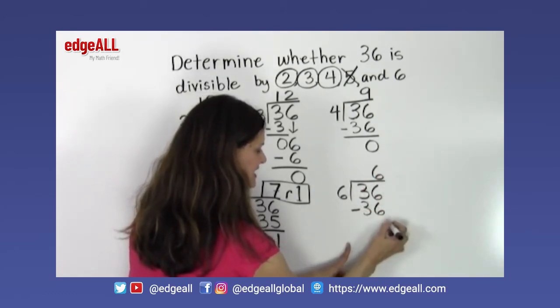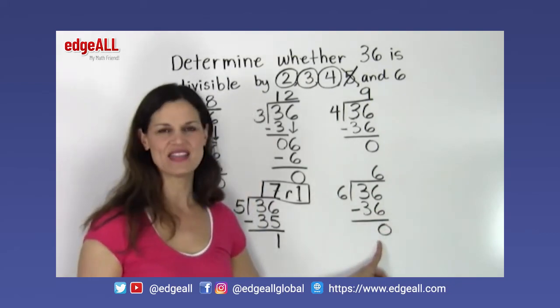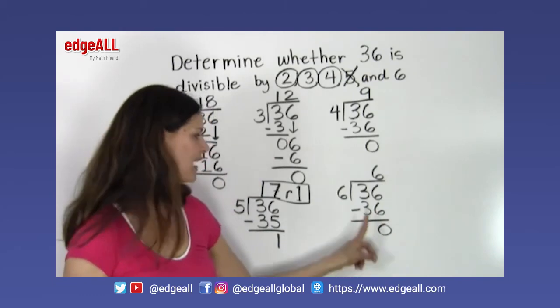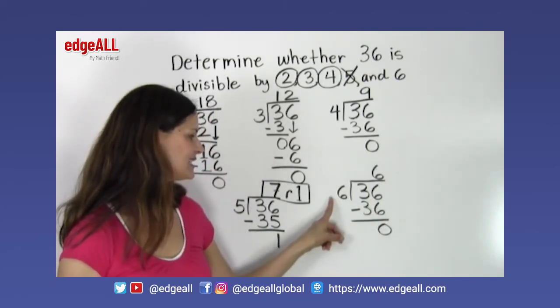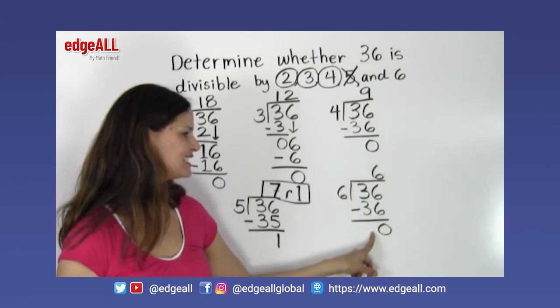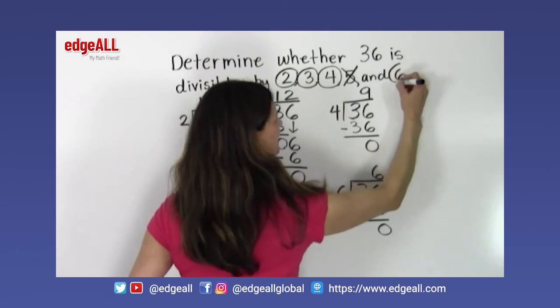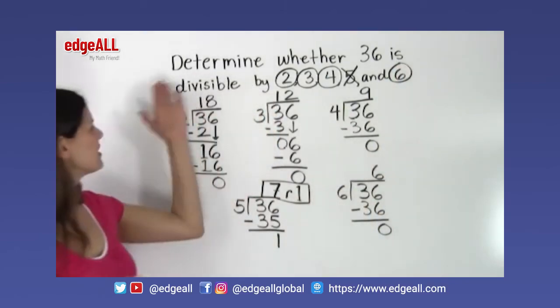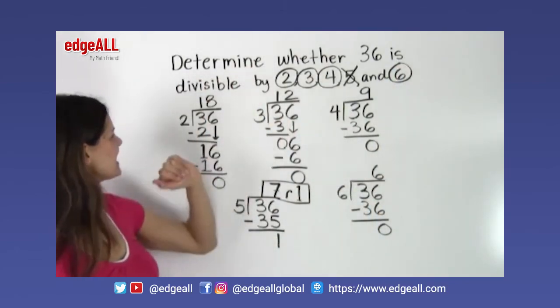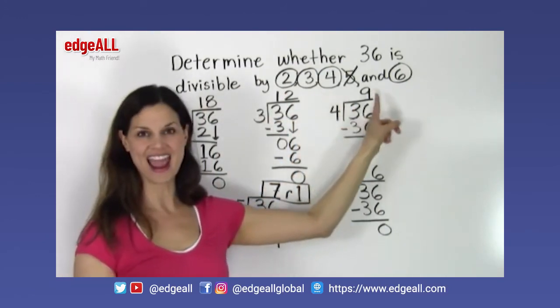Place my 36 here, subtract and put a 0 to show that I have no remainder when I divide 36 by 6. A whole number quotient with no remainder tells me that yes, 36 is divisible by 6. So we have determined that 36 is divisible by 2, 3, 4, and 6.